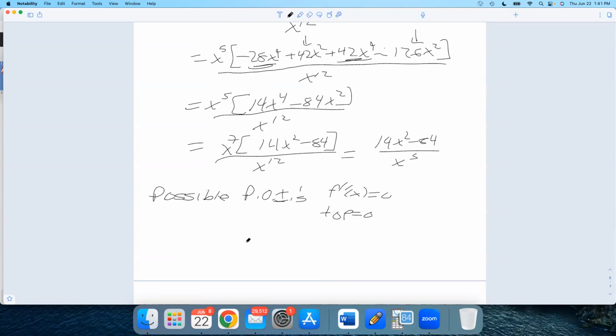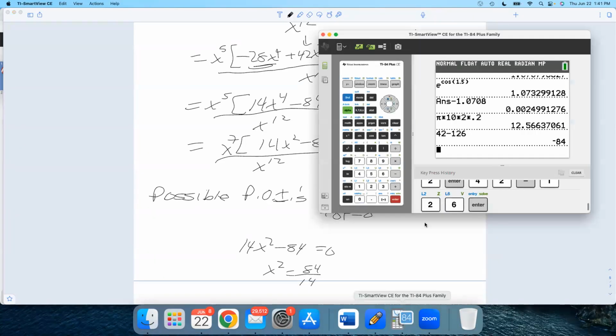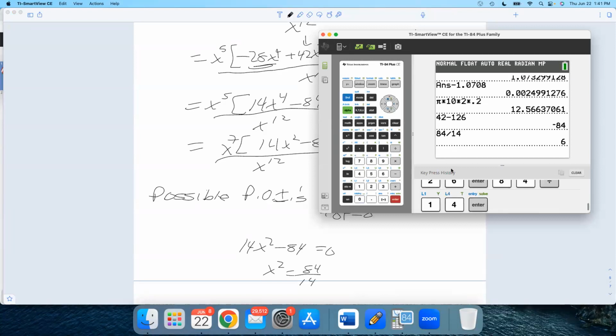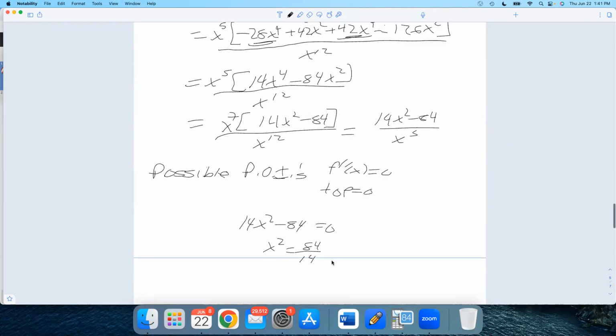So let's set the top equal to 0. And we'll get x squared is 84 over 14. Does that go in evenly? Oh, it does. Look at that. We're getting plus or minus square root of 6.